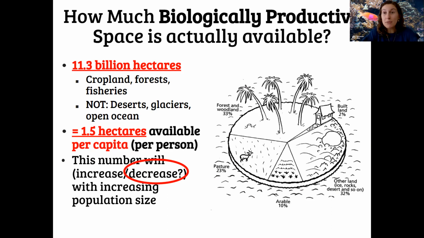This ends up being a problem, especially in developed first world countries like the United States, where our ecological footprint, how many resources we're actually using, is way higher than what other countries are using, maybe third world countries that aren't as developed yet. So we end up having a lot of disparities between different countries around the world.